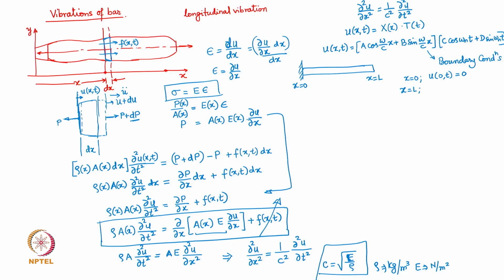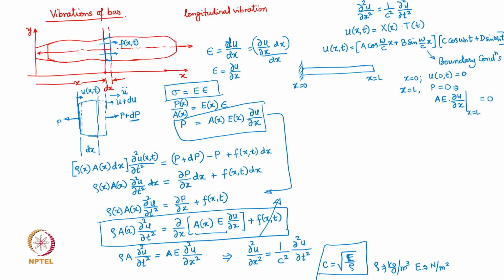But we all know that at the free end the forces are 0, which actually means that the value of P is equal to 0. At the free end there is no external loading, there is no force acting at the extreme end, which actually means from this equation that A E ∂u/∂x at x equal to L is 0.